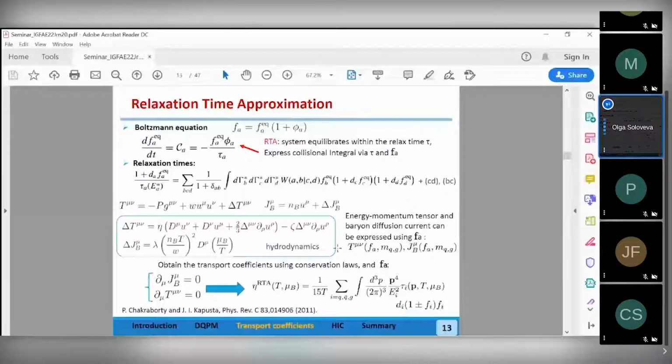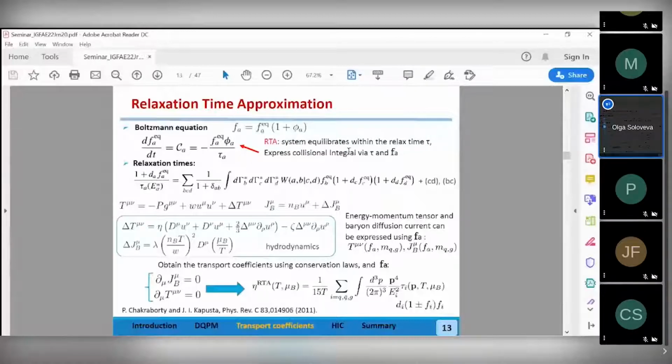We will use the relativistic Boltzmann equation for quasi-particles, where in this approximation you can express your distribution functions as a little bit of deviation from equilibrium. Here is the equilibrium distribution function, and here is a small correction.